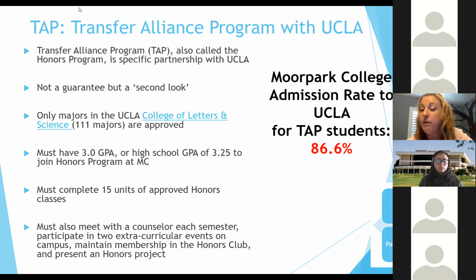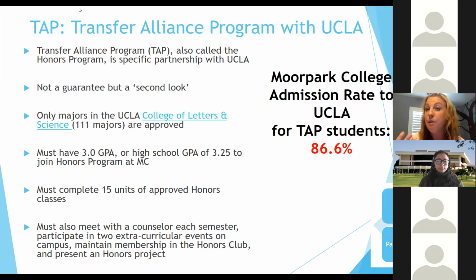So if you hit a 3.0 in your first semester, then you can join the honors program after your first semester. And you basically have to take 15 units of honors courses. Some of our classes are 3 units, 5 units, so it could be 4 or 5 classes of honors classes. You have to do an extracurricular event on campus, like a presentation or different things like that. But basically that's the program.